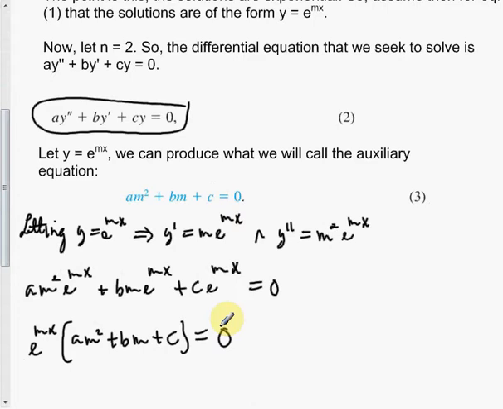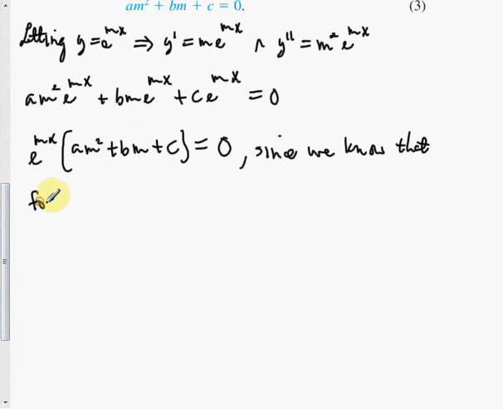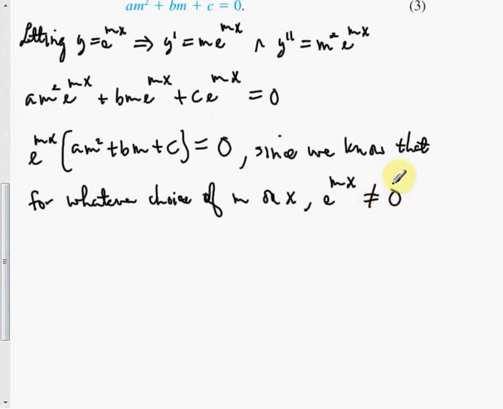Now, it doesn't matter for whatever choice of m, whatever choice of x, e to the mx is never equal to 0, right? Then something has to be 0.